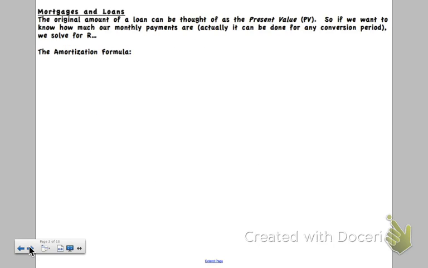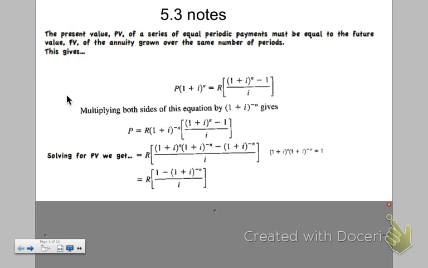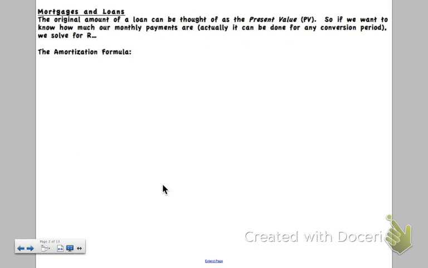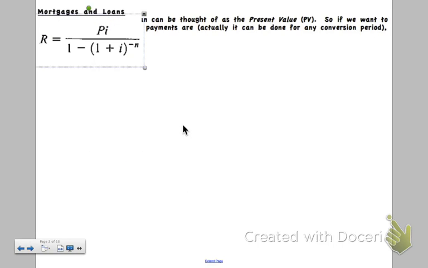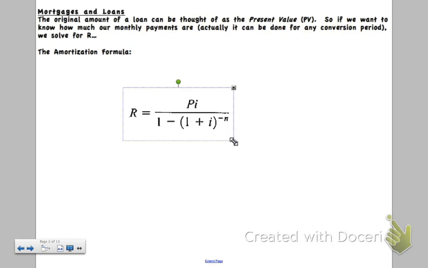So for the amortization formula, that's just if we take the previous formula, this one, P equals that, and solve for R instead. So we'd multiply both sides by the reciprocal of this, and that gives you this for the amortization formula.